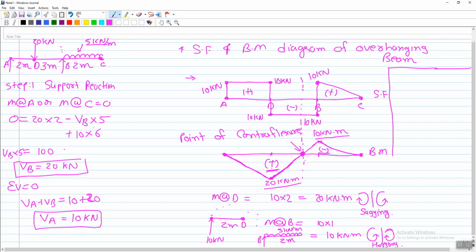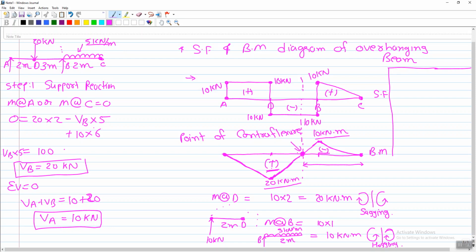And in the examination, rather than the shear force diagram and bending moment diagram, the examiner can also ask you about the distance of the point of contraflexure from the left hand side, right? So you can find out the distance of the point of contraflexure. In between you have to find the moment at some point at distance x, or assume this, and take the moment equal to 0.